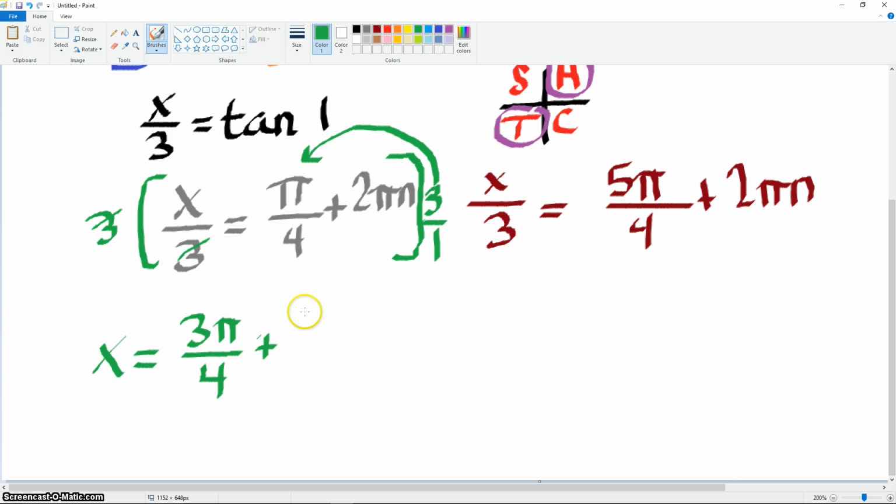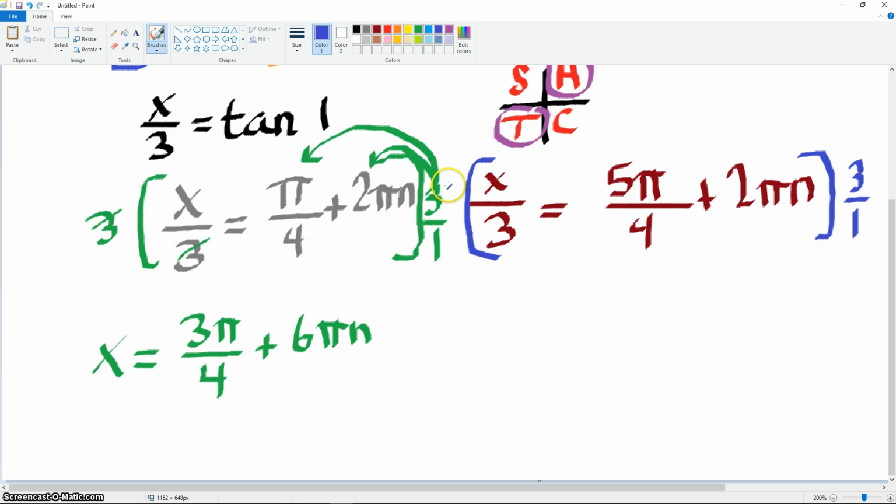Plus, this is going to be also distributed in here, and basically that's pretty simple. 3 times 2 is 6, so we get plus 6 pi n. Alright, and then we're going to do the exact same thing over here. We're going to multiply both sides by 3.